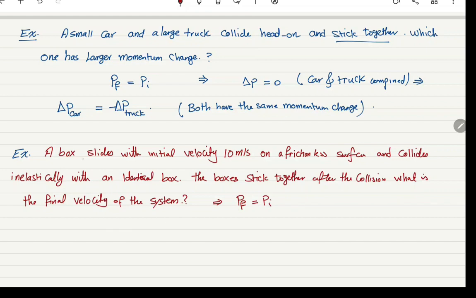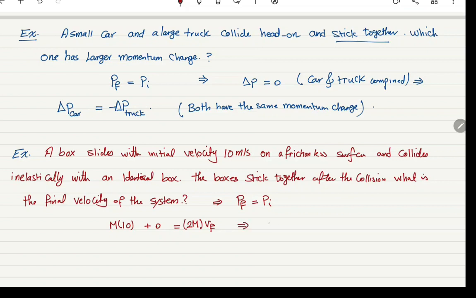Initial: the first box with initial velocity here, m times 10, plus the momentum for the other box, which is 0, equals, since they stick together and the collision is completely inelastic, 2m multiplied by v final.